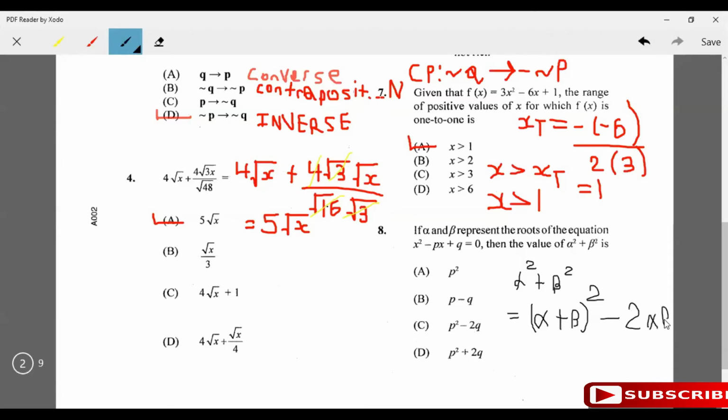Now alpha plus beta is the sum, which is equal to P, and alpha beta is equal to Q. So it's just equal to P squared minus 2Q. That is option D. Option C.